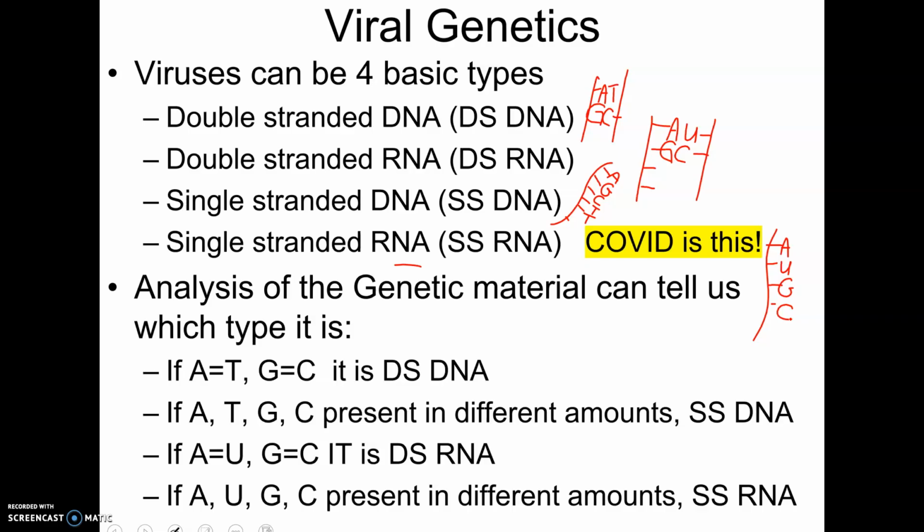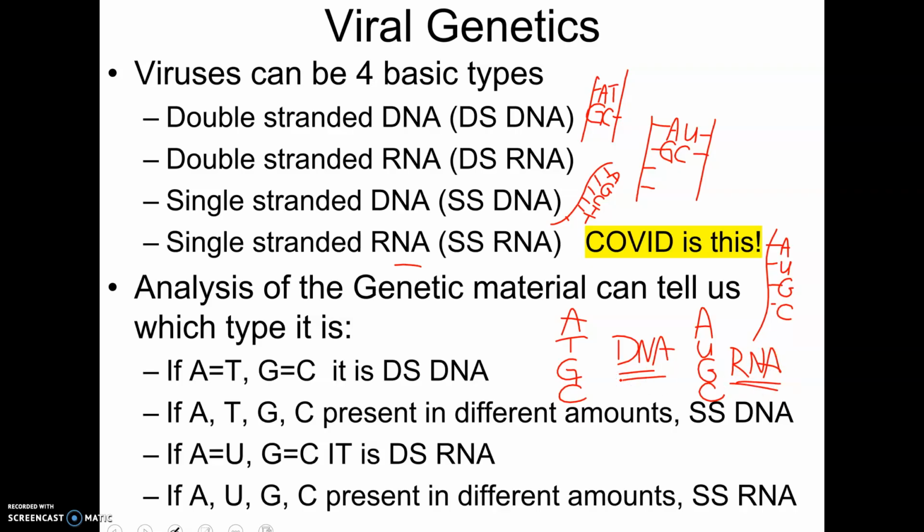So the first thing is to figure out if it's DNA or RNA. That's very simple. What they're going to give you is a list of what bases the virus has, what nitrogen bases. If you see it has A, T, G, and C as its nitrogen bases, then it's a DNA virus. If it has A, U, G, and C, then it must be an RNA virus.